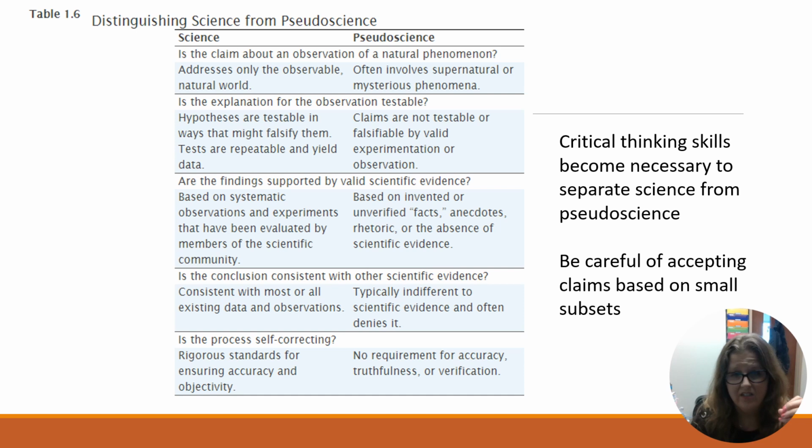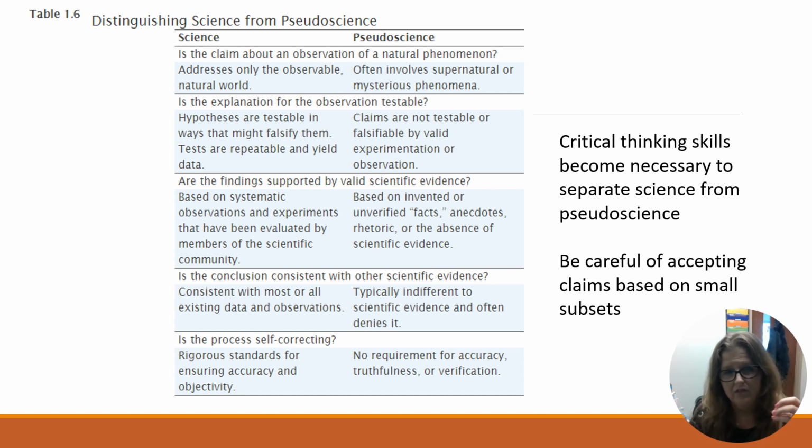Pseudoscience just tends to pick things here and there based on very small antecedent evidence. You know, well, I have a friend that it worked for, so it must always work. Just because it worked for one person doesn't mean it's going to work for everyone. And a lot of times in pseudoscience, it's always right.